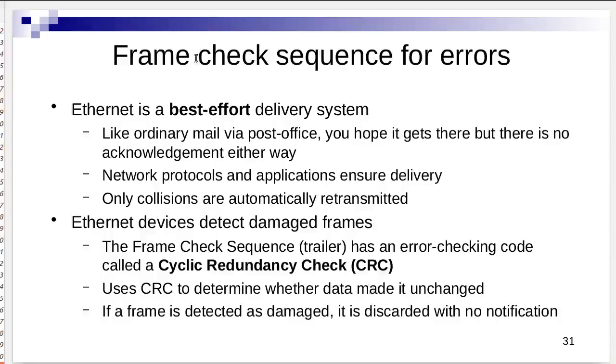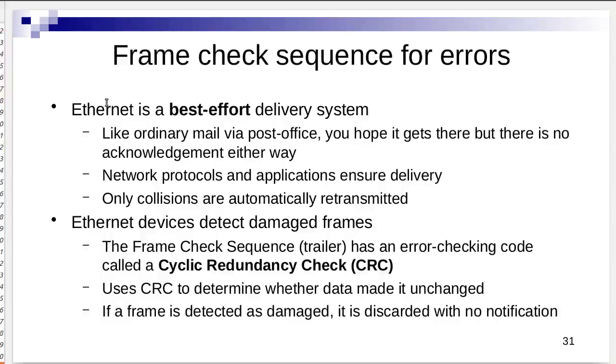So let's take a look at the frame check sequence, which was at the tail end of every frame. The idea there is that Ethernet is a best effort delivery system. So unlike when you send mail through the post office, well, usually they deliver it, but pretty much you just hope that it gets there.